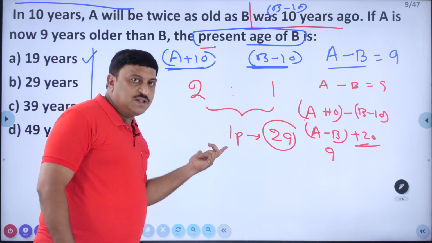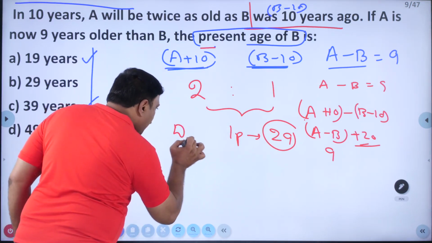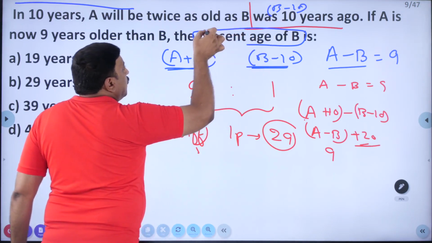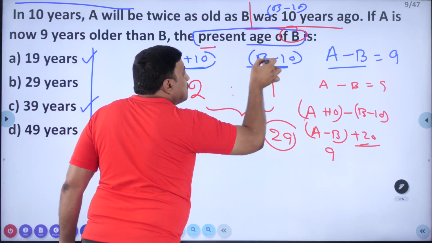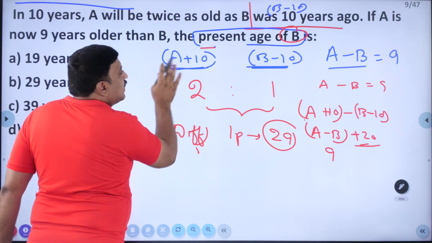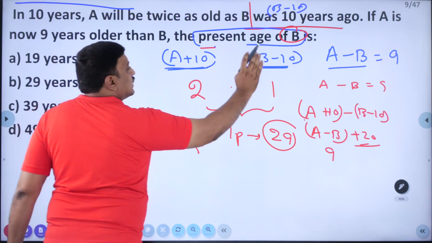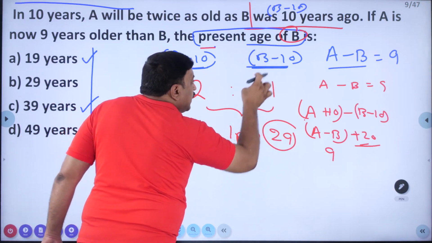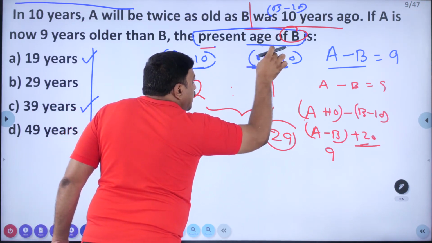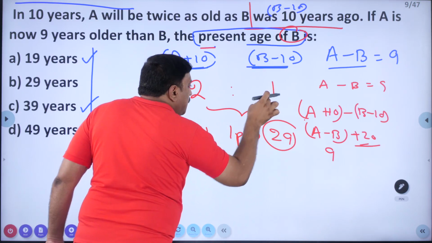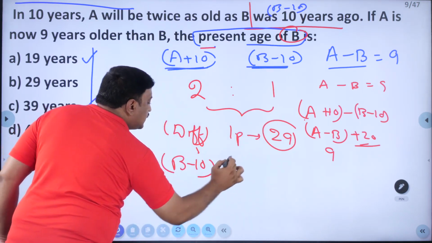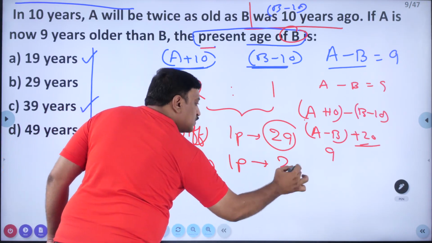One part difference you got, that is this difference only. But what we need is B's age. B's information is in B minus 10. We don't need A plus 10. So B minus 10 is one part, equal to 29 years.